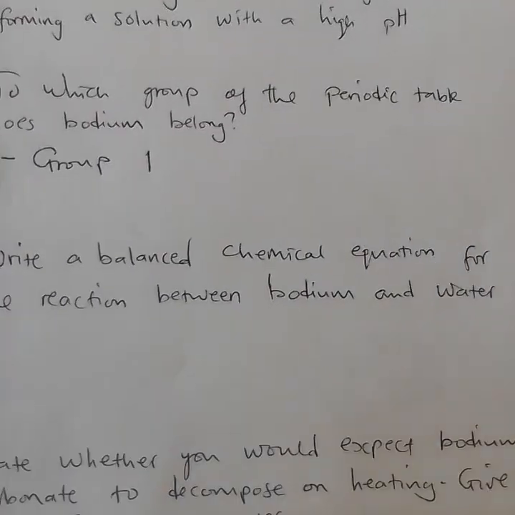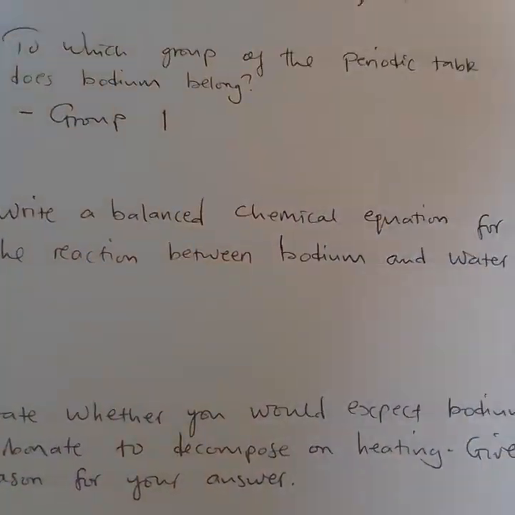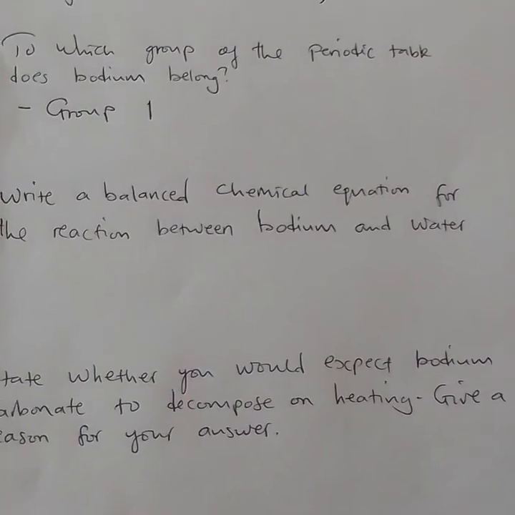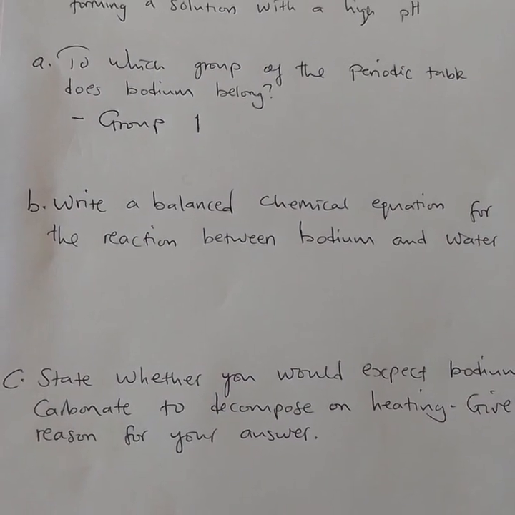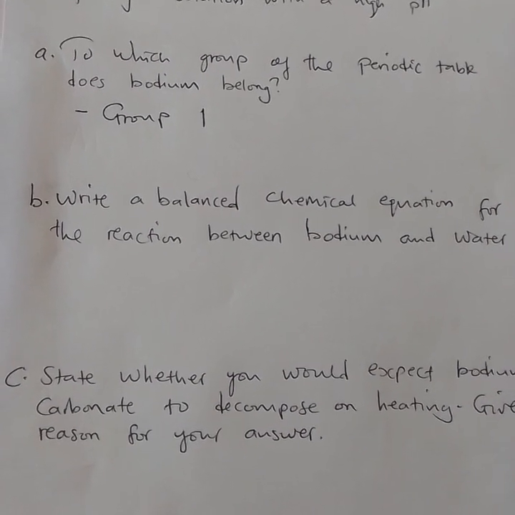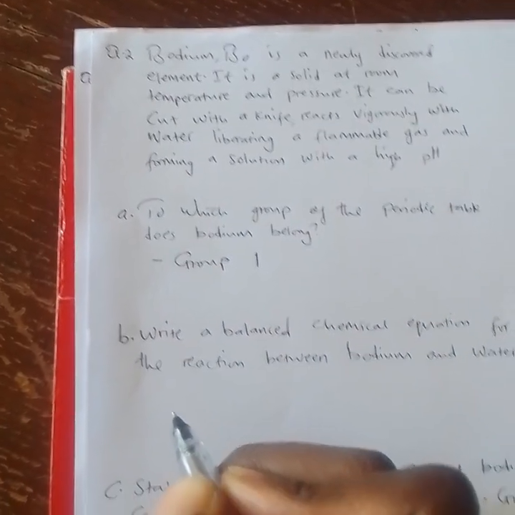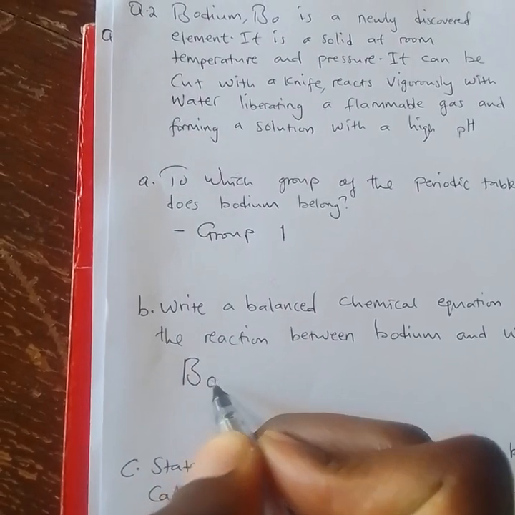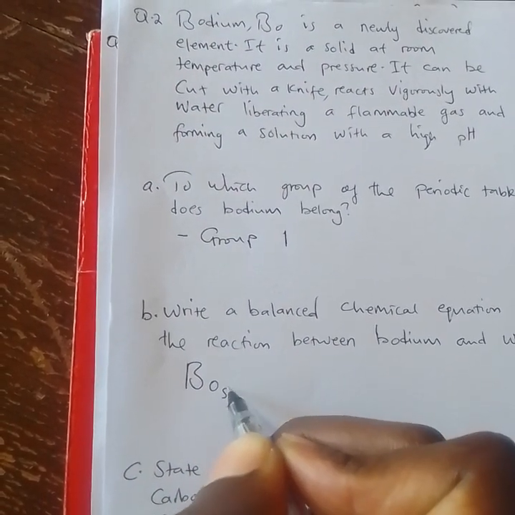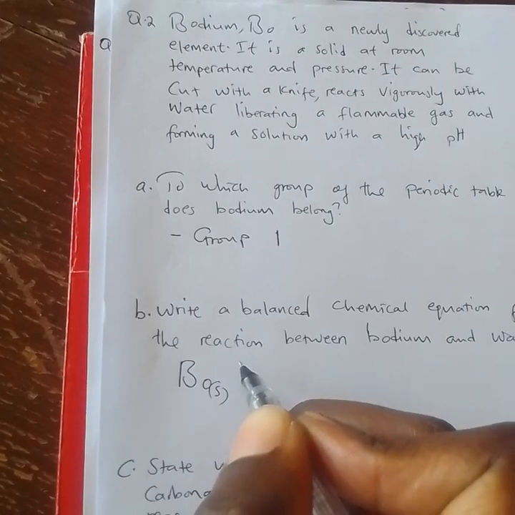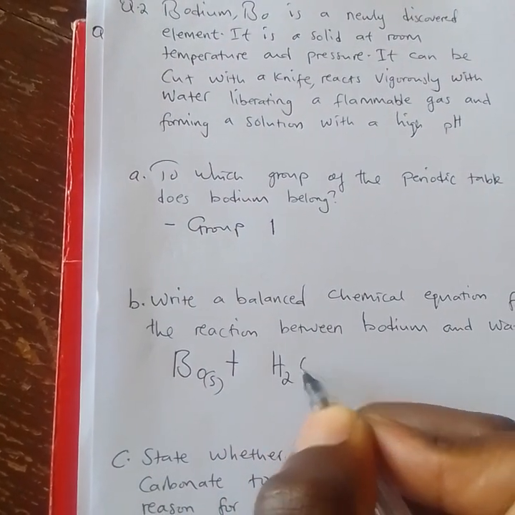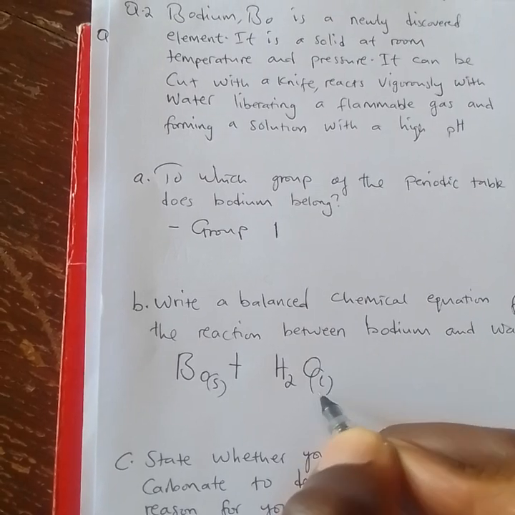Your next question says, write a balanced chemical equation for the reaction between bodium and water. The symbol we have for bodium is capital letter B, small letter O. So I'm going to say bodium solid, they have told me it's a solid, plus H2O liquid.